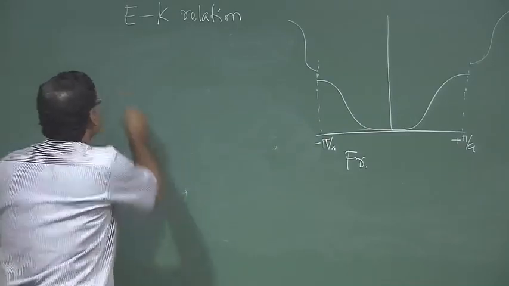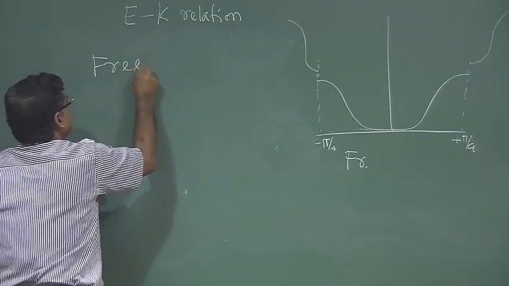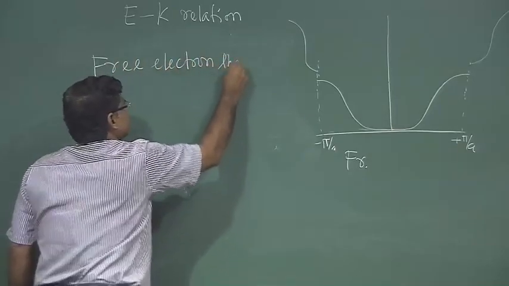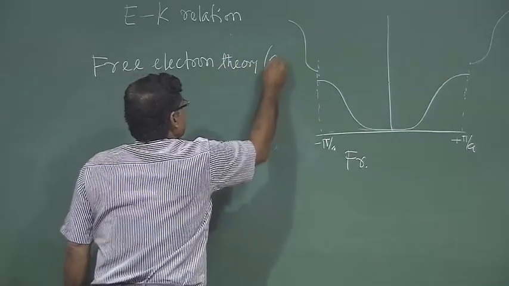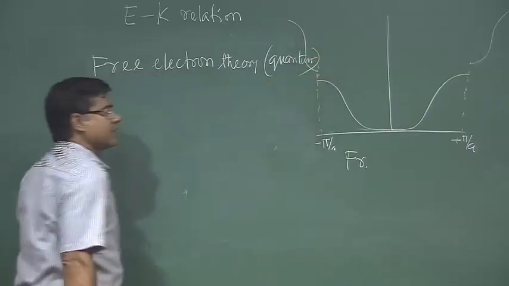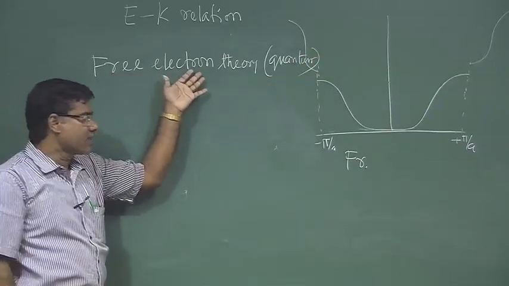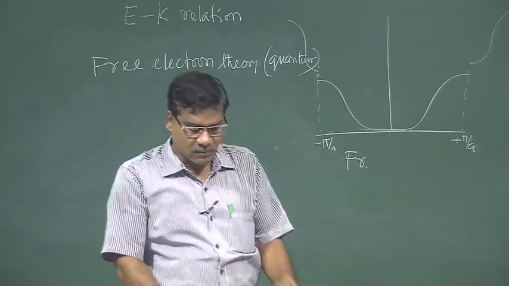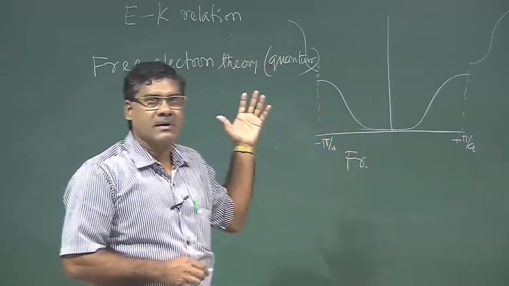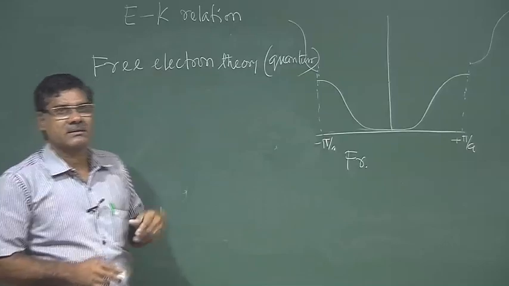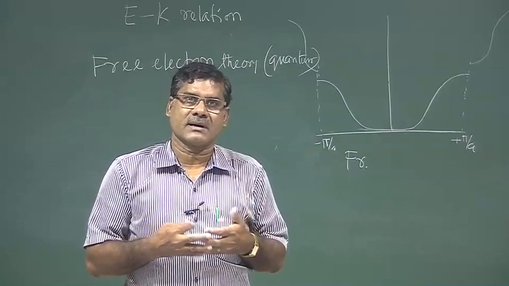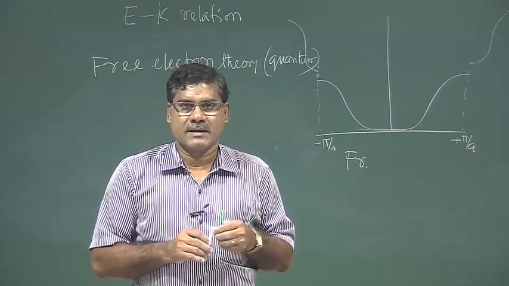So, that is what you saw when we studied free electron theory, the quantum theory. It was able to explain most of the properties of metals, right, but it was not able to answer why some materials are metals, why some are insulators and some are semiconductors.